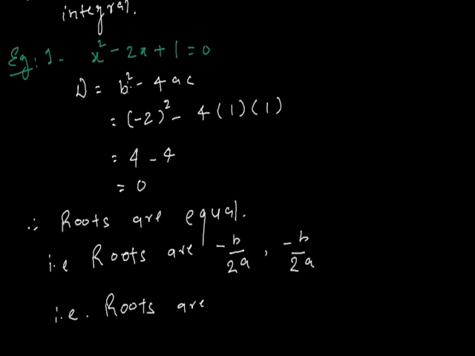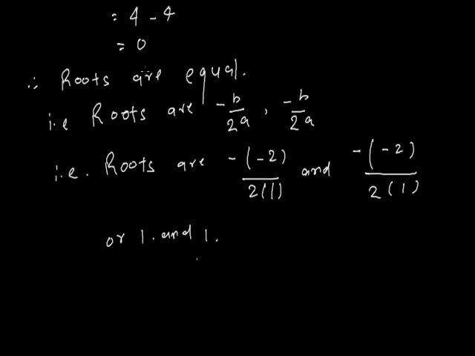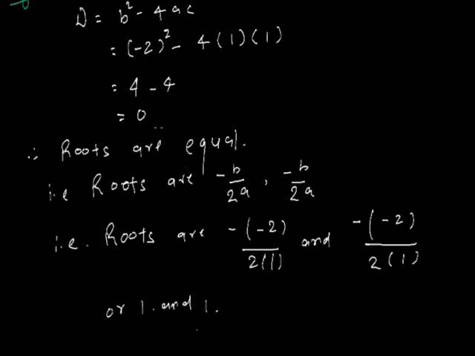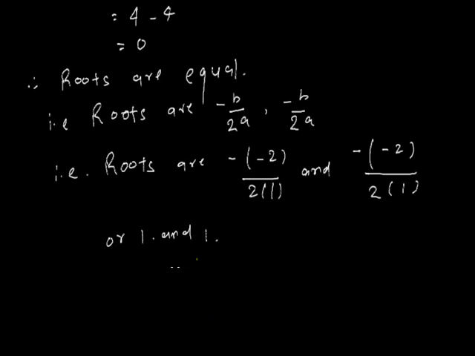The value of b is minus 2, so we can write it as this, and so we get the roots as 1, 1. So the roots of the quadratic equation x square minus 2x plus 1 are 1 and 1, both are equal.